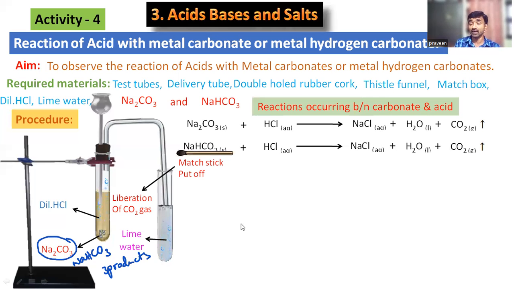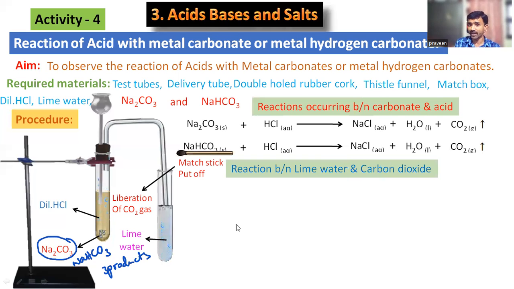Okay, so what is the second test tube reaction actually, right? Reaction between the lime water and carbon dioxide. So in the second test tube, what are the reactants available? They are lime water, calcium hydroxide, and carbon dioxide.